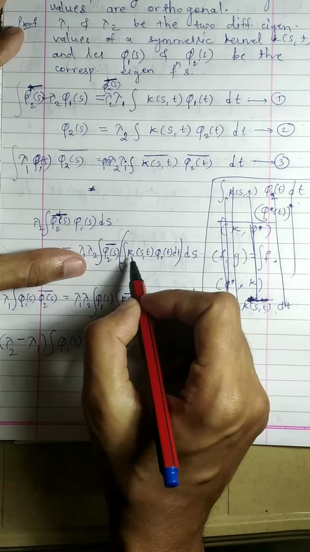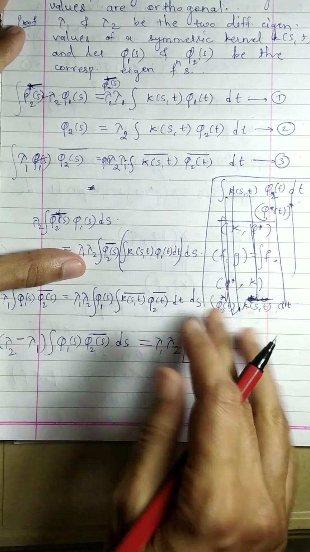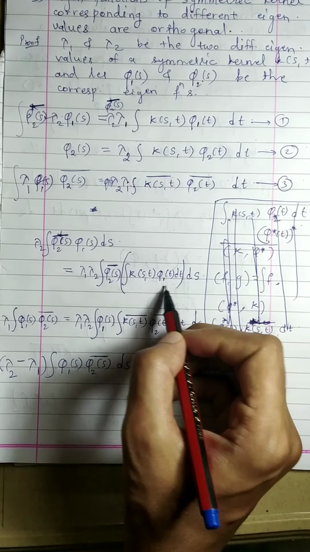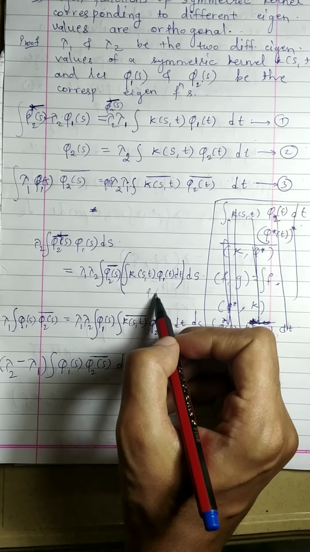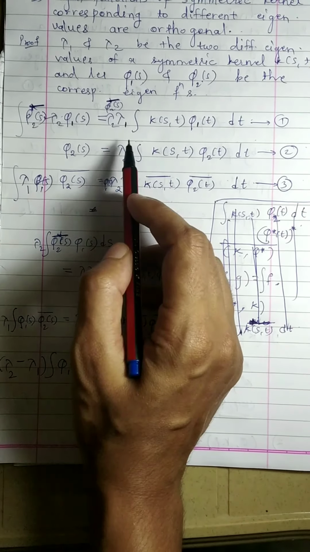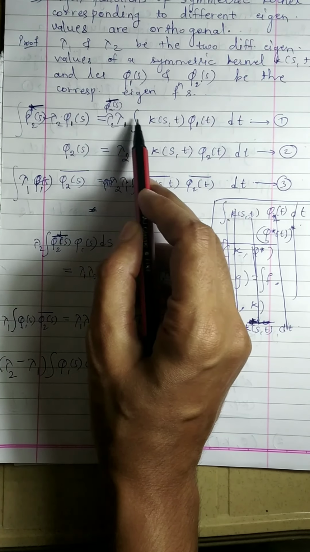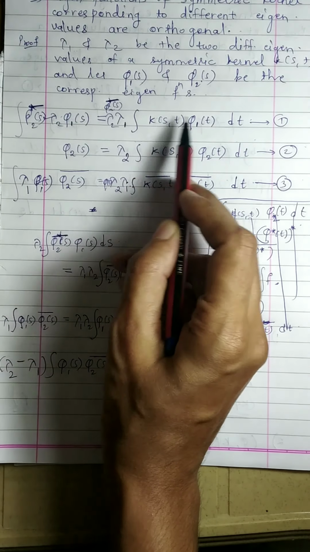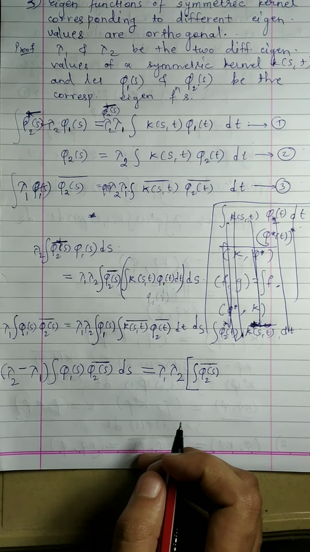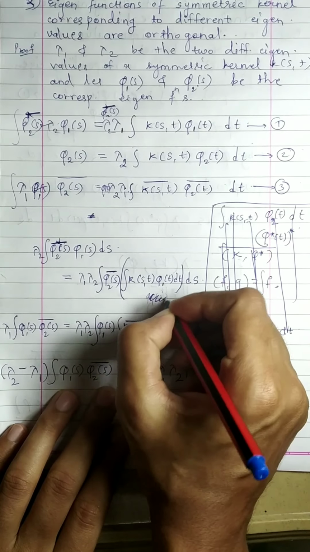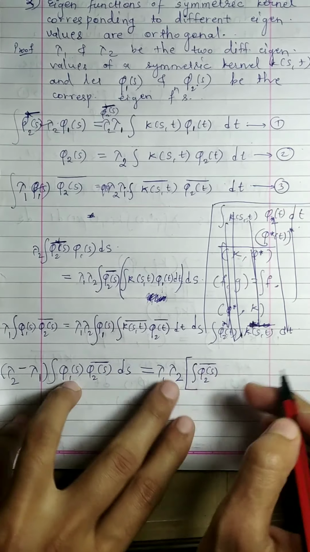So this is nothing but integral phi 2 of s bar into this. But if you see, what is this? k(s, t) phi(t) dt. This is nothing but phi 1 of s, because we had written it here. We need not take that fact into consideration.